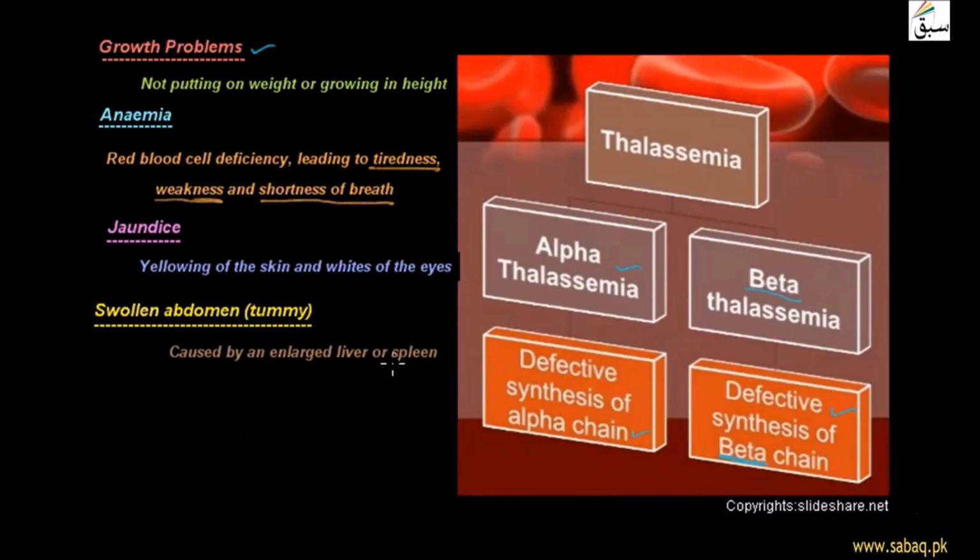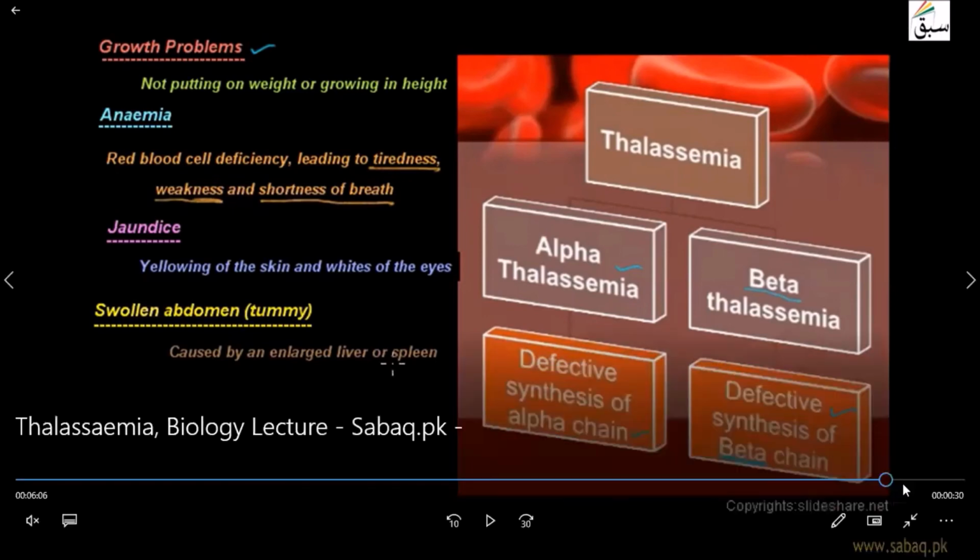So when they are broken down, as I told you about splenomegaly, at a faster rate and the new RBCs are not formed at that faster rate, you will have more broken pieces of RBCs in the liver and spleen, and hence it will result in the enlargement of both of them. And when they are enlarged, obviously the outer surface, that is your skin, will be enlarged, and it will show in the form of swelling of your abdomen or tummy area.